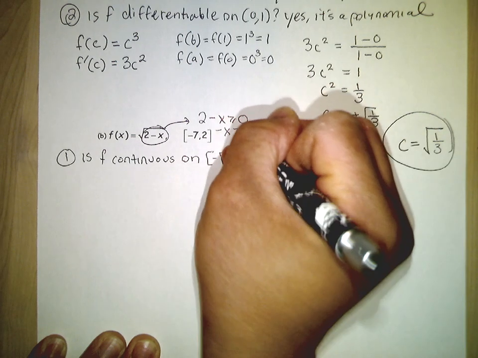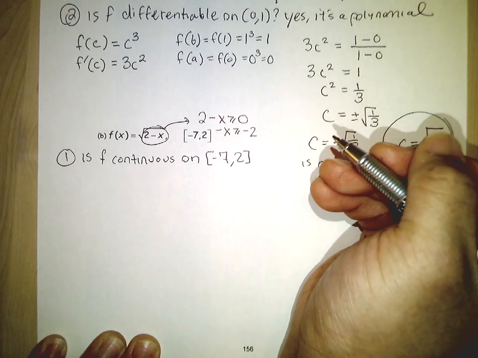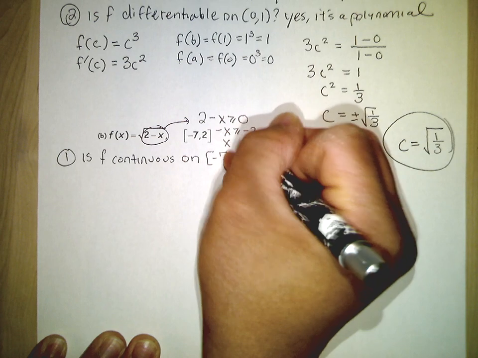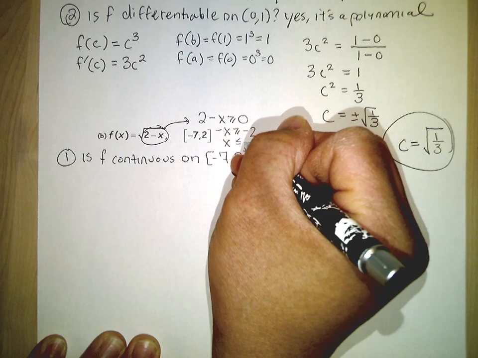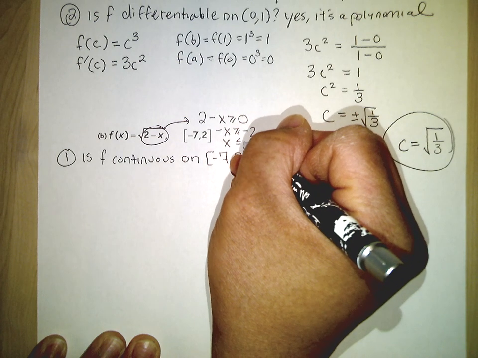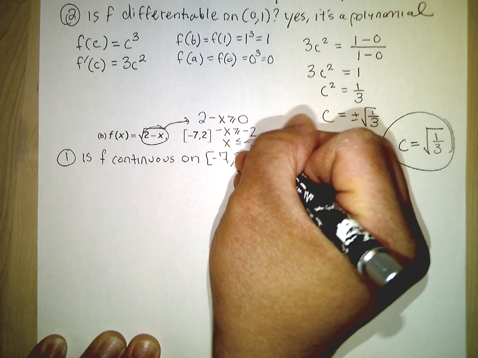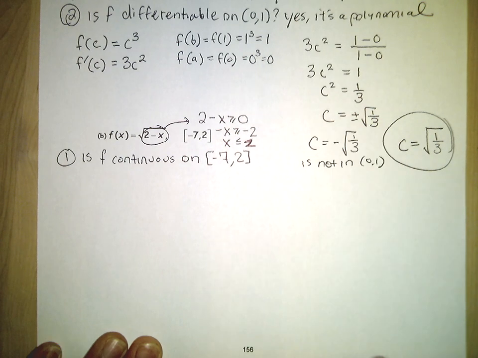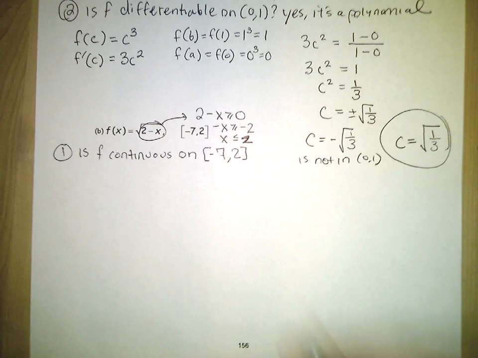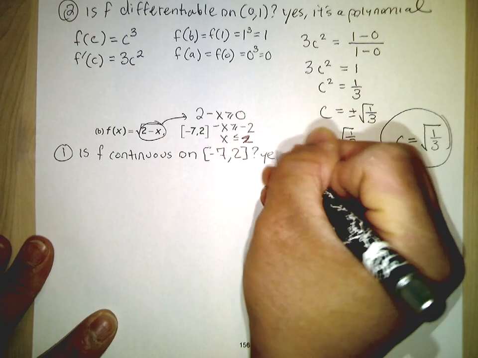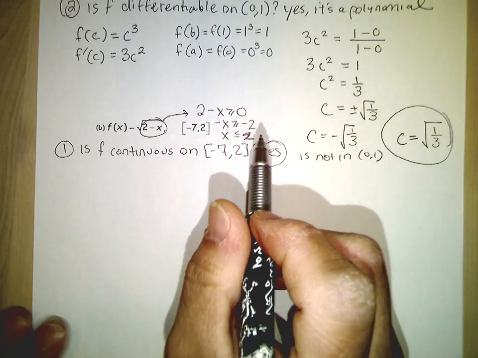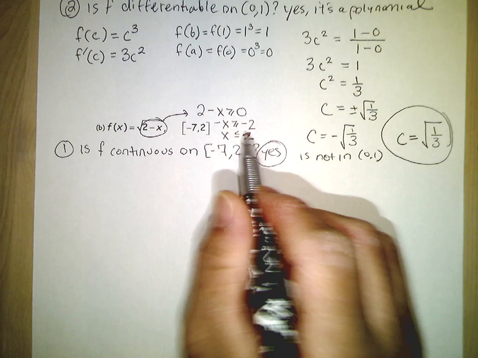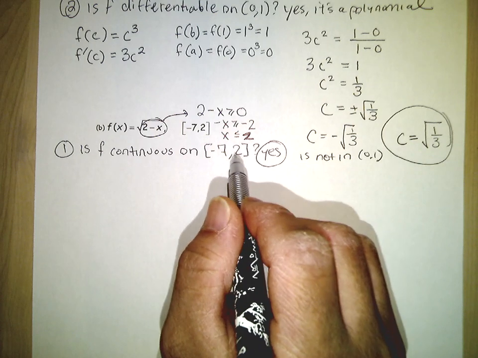So subtract the 2, negative x greater than or equal to -2. And then divide by -1 and change the inequality sign. So x is less than or equal to 2. So we see that this is continuous here because the function is smooth and defined on the interval.